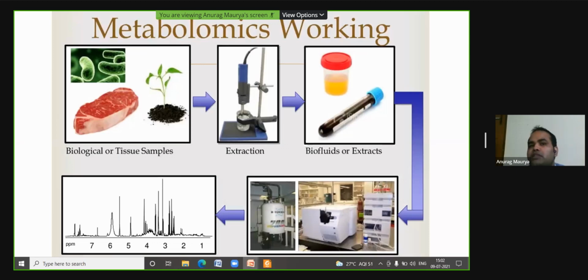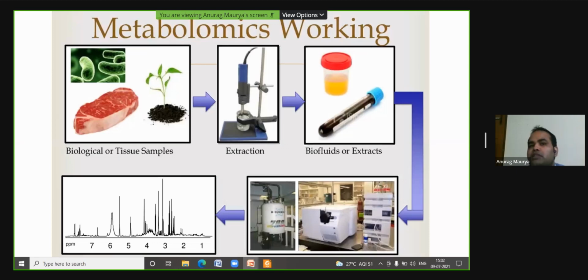So here, a hypothesis is not created in the beginning. You don't have any presumptions before the study. You will just take the sample, try to get as many metabolites as possible from the sample, and study it. So it is a kind of global and comprehensive analysis.